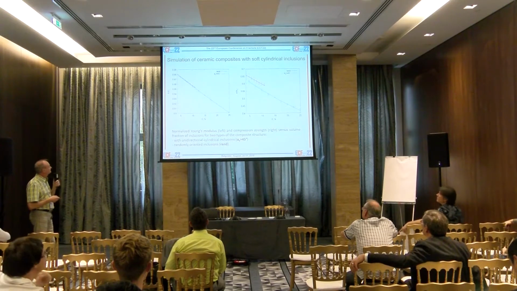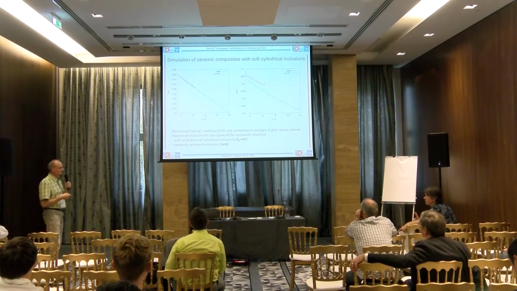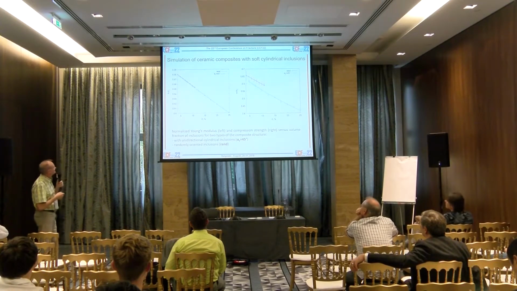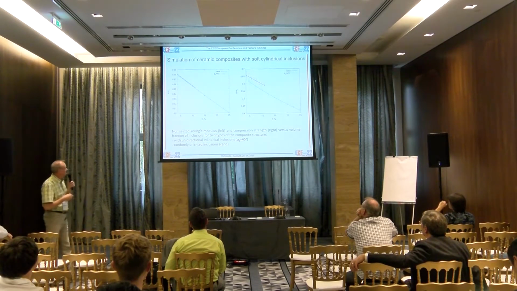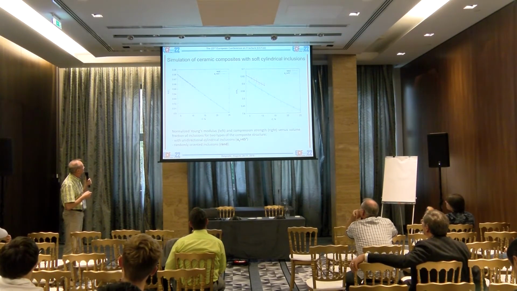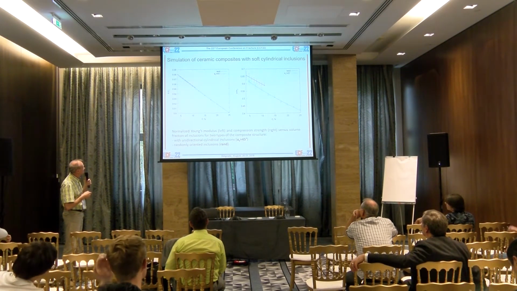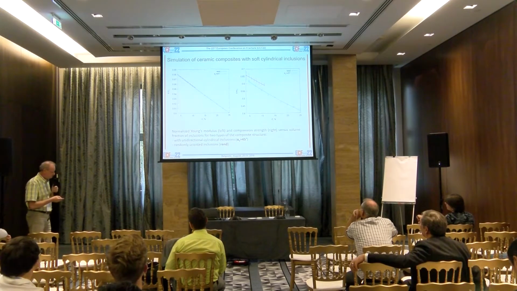So here are the results of these multiscale simulations for elastic modulus and for strength. You can see that the elastic modulus actually has no scatter, and we have a larger scatter for strength. And you can also see that the elastic modulus is the same for both structures, but strength is different.